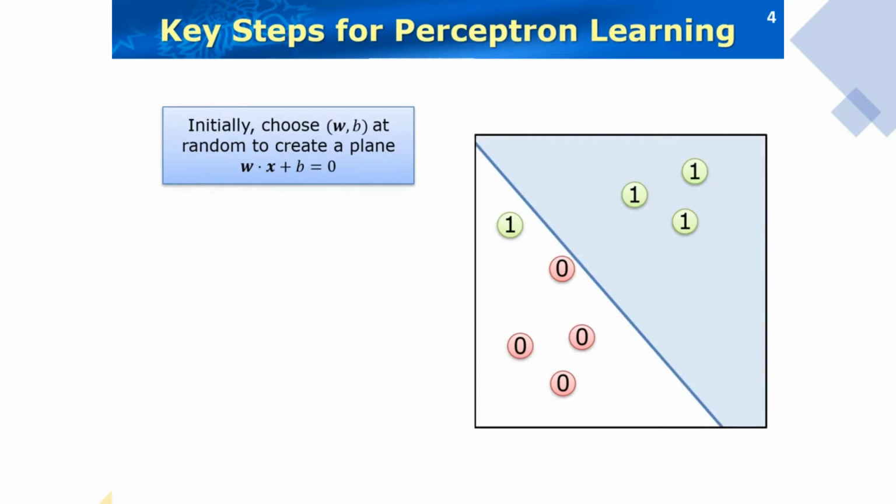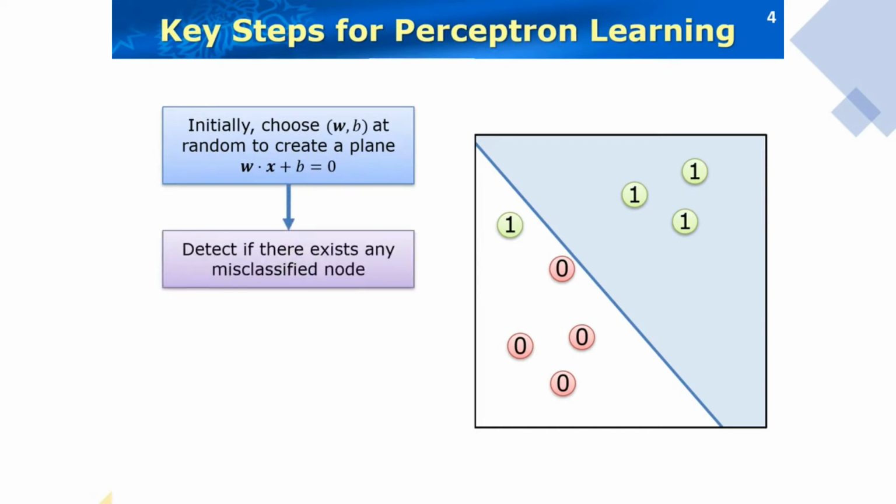Next, we are going to detect if there exists any misclassified node, that is, to check if any green points are outside the blue region or any red points are inside the blue region. In this example, we see that these green points are correctly classified as they are in the blue region, and all the red points are correctly classified as they are outside the blue region. There is only one green point outside the blue region, which is a misclassified point.